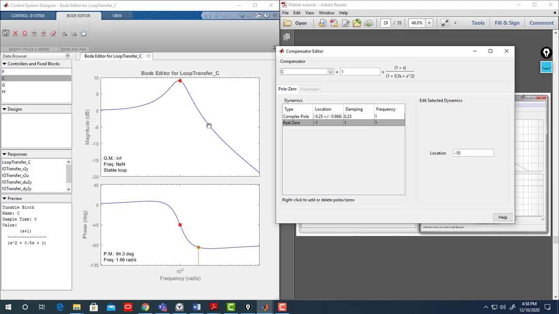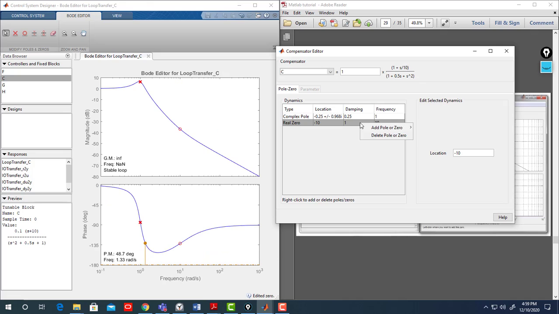So the slope is minus 40 decibel per decade, and it will become minus 20 decibel per decade at 10. And the angle, which is here at minus 90 or should be, it's already added the 0, right?